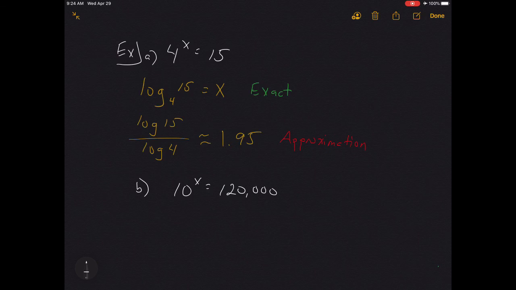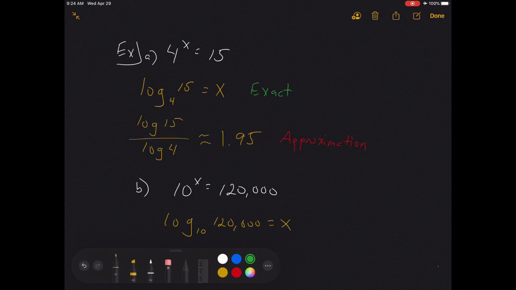So we're not going to be able to reduce this that way. So what we can do is we can rewrite it as a log. So we'll say log base 10, because that's the base. It equals the exponent, which is x, but we're going to take the log of 120,000, and that equals x. Again, that right there is exact.